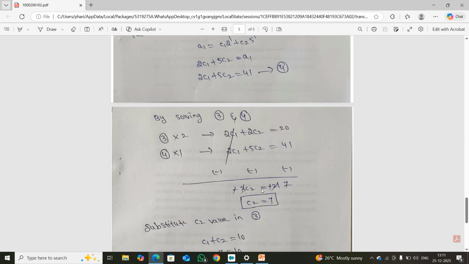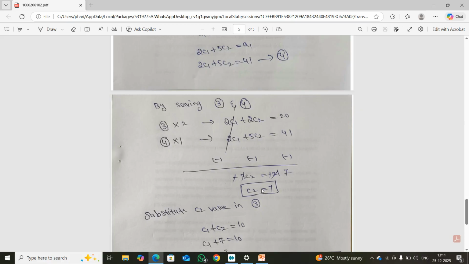Both have the same signs, so we change the sign and subtract. 2c1 minus 2c1 cancels, and 2c2 minus 5c2 gives minus 3c2. And 20 minus 41 equal to minus 21.